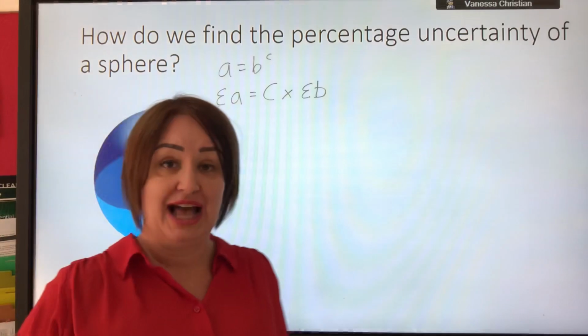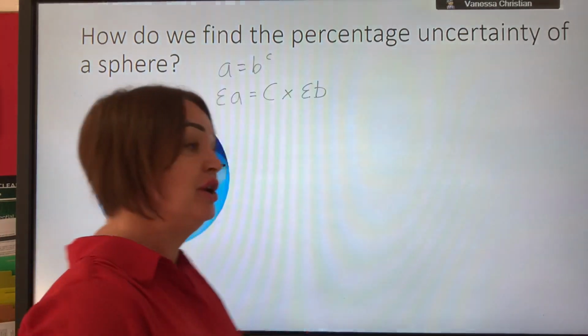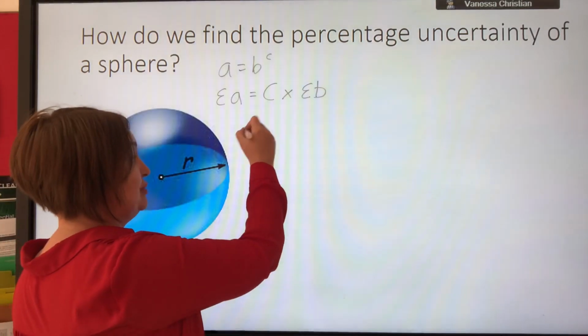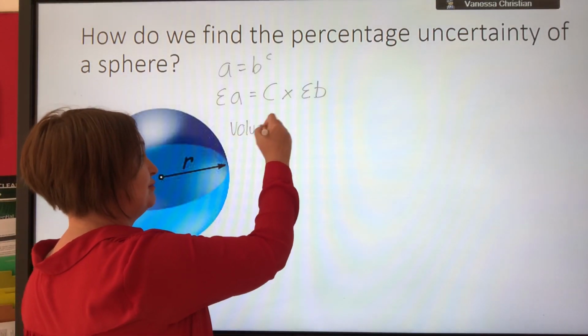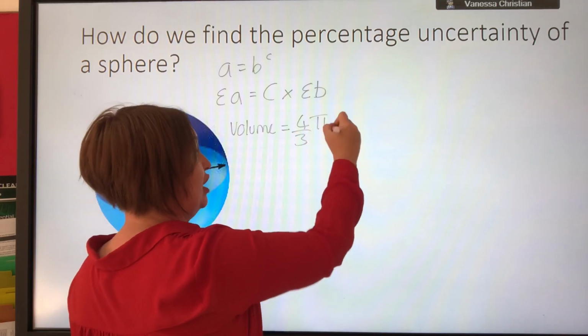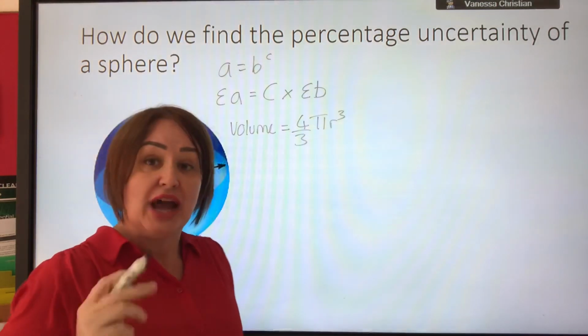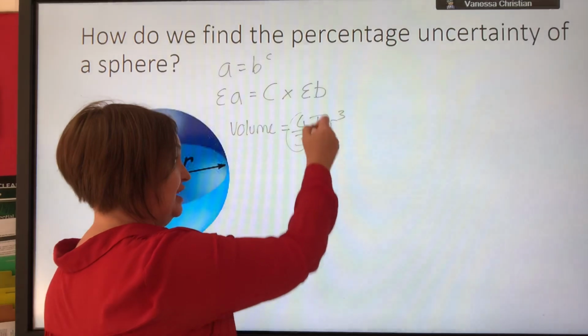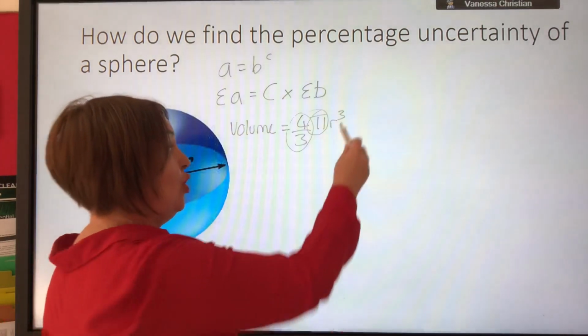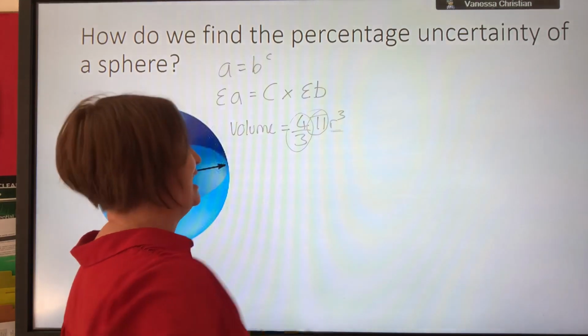So what does that actually mean? Well, remembering when we're working out the volume of a sphere, then what we're doing is we're saying the volume is equal to 4 over 3 pi r cubed. Now we have no uncertainty for this, we have no uncertainty for this, so all we're working with is this here.